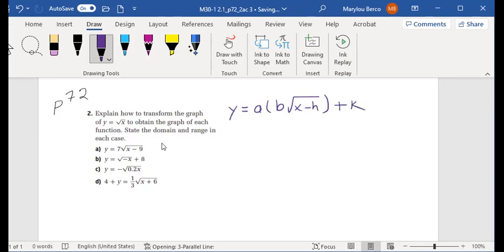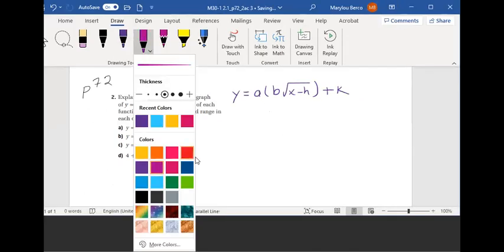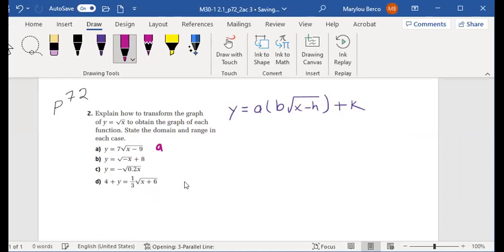So if we start out with the first example, y equals 7 root x minus 9, I have a equals 7, b equals 1, h equals 9, and k equals 0.